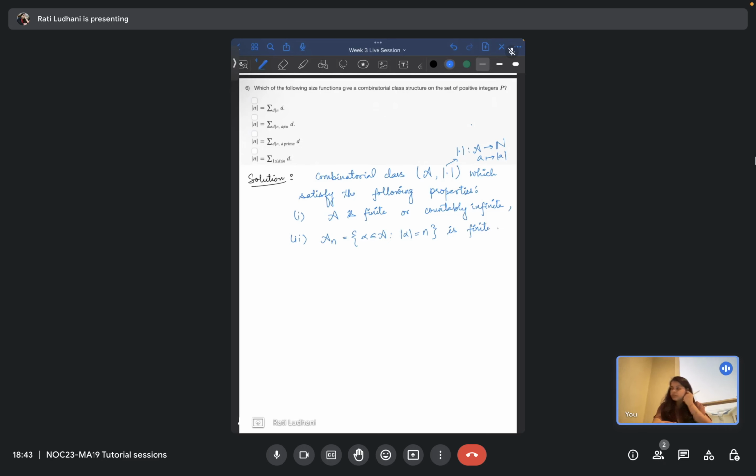So the number of elements which have size n is finite. Okay, so this is true for all n belongs to N. So this is the definition.